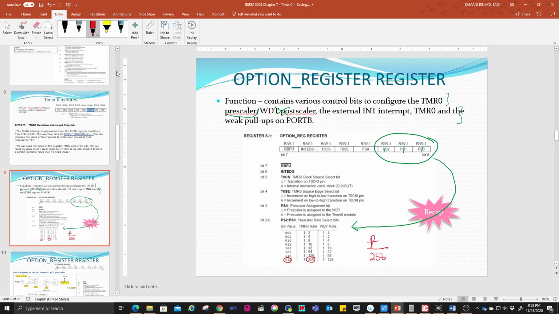Then another example, if I want to change this one to 010, you have to look back at this table again. You have to select which one is 010. 010 is this one. So the prescaler that you are using is 8. You are dividing by 8, 1 over 8. This is the timer 0 rate ratio.